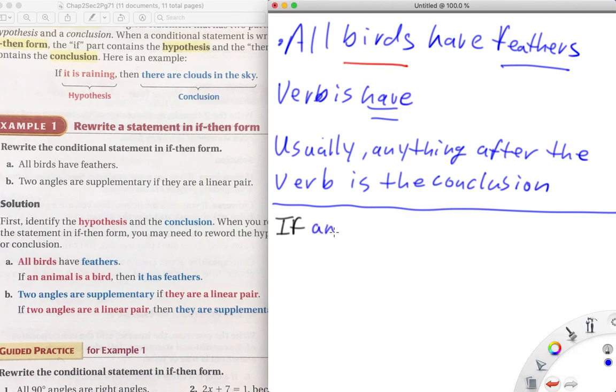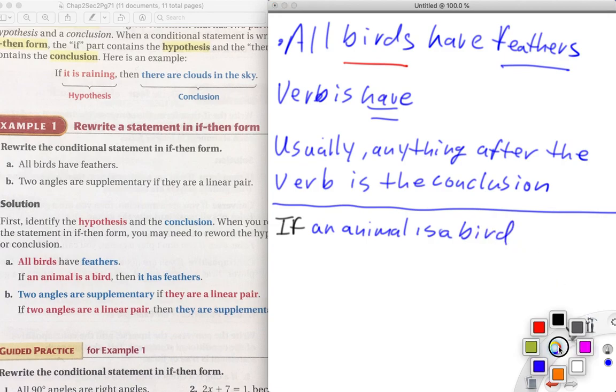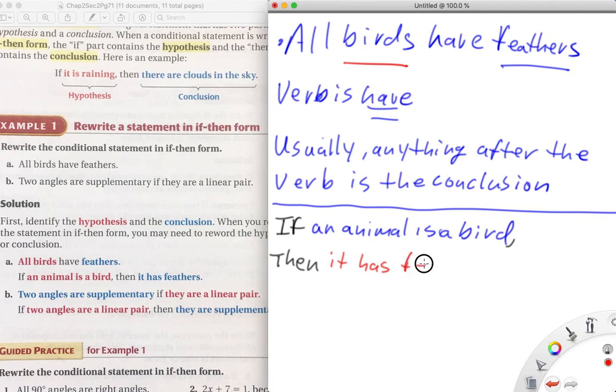So if an animal is a bird, comma, then it has feathers. If an animal is a bird, then it has feathers. That would turn that sentence into a conditional statement.